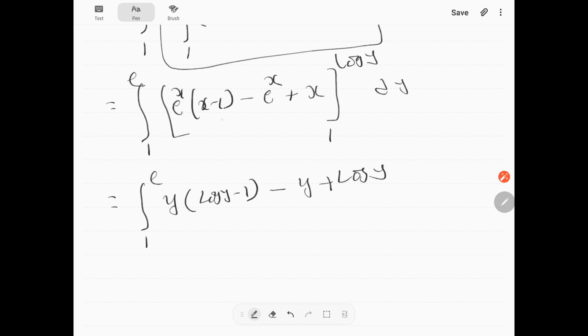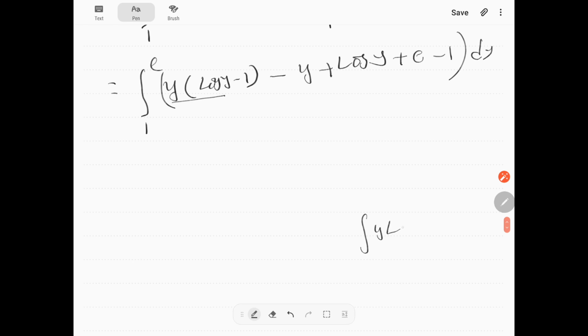And if I substitute the lower limit, 1 minus 1, that is 0, that cancels, minus e, so that minus, because it's the lower limit, I'll get plus e, and minus 1. This is to be integrated with respect to y. So, y log y minus y minus y, I will combine these two. First I will integrate this y log y. How do you integrate y log y?